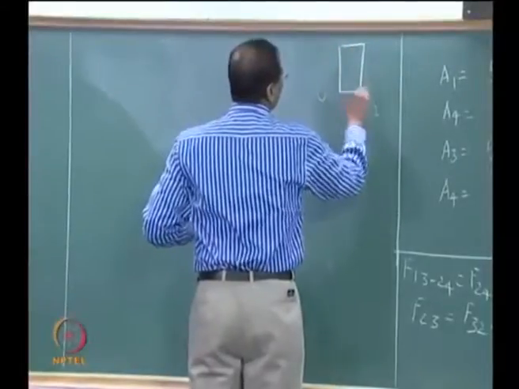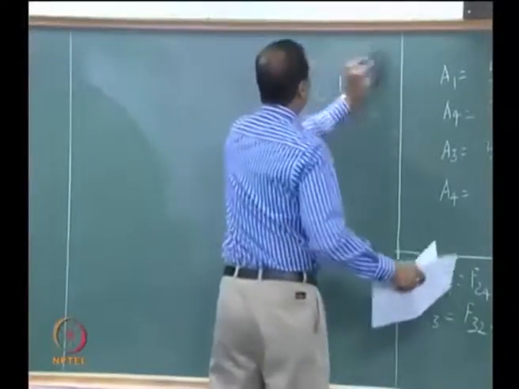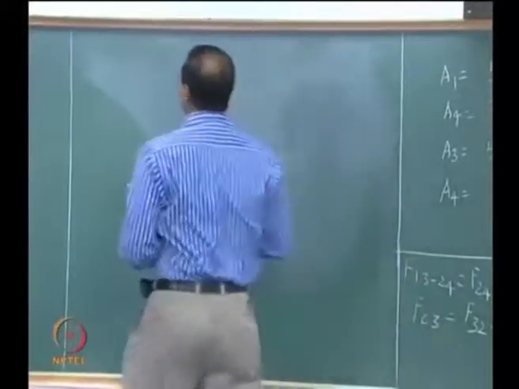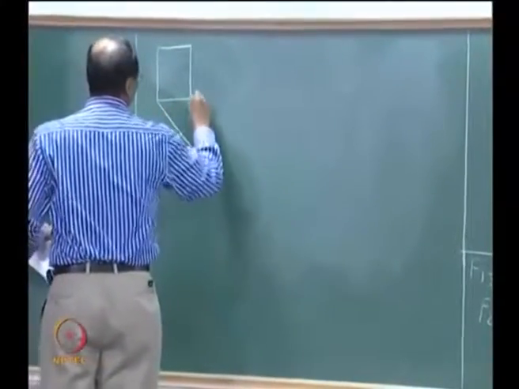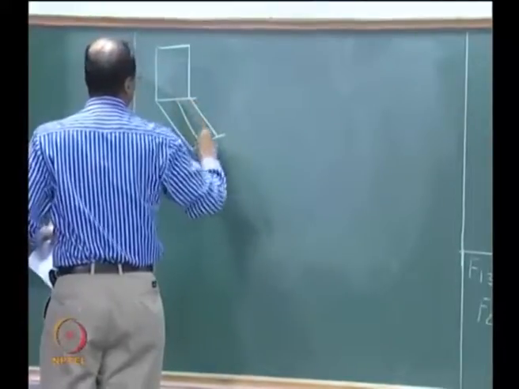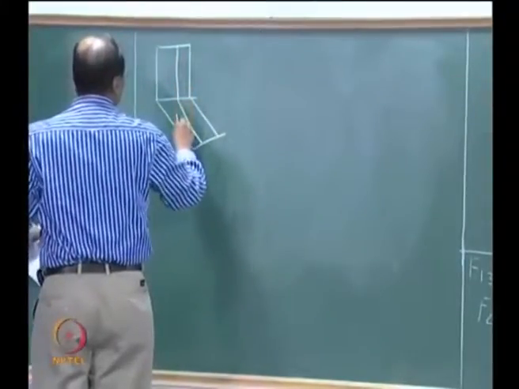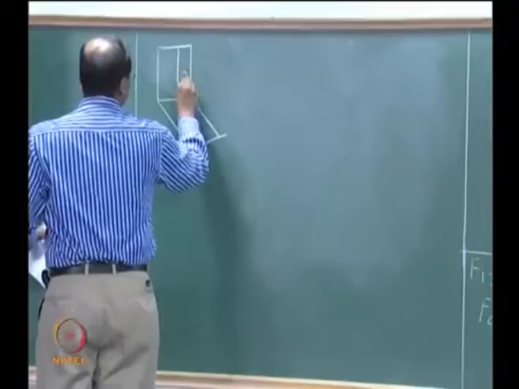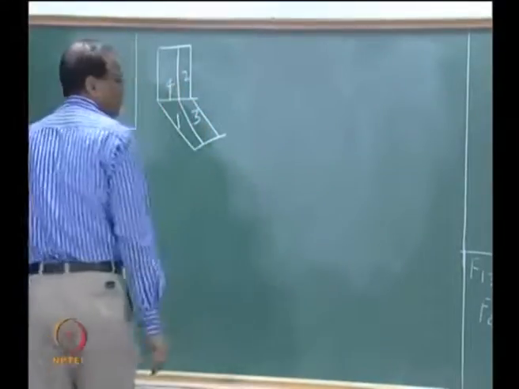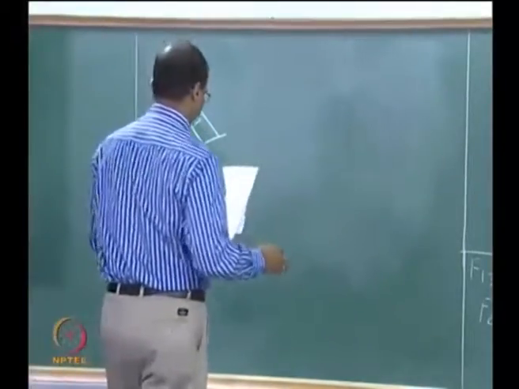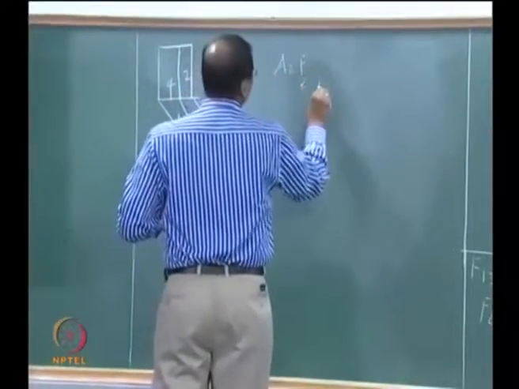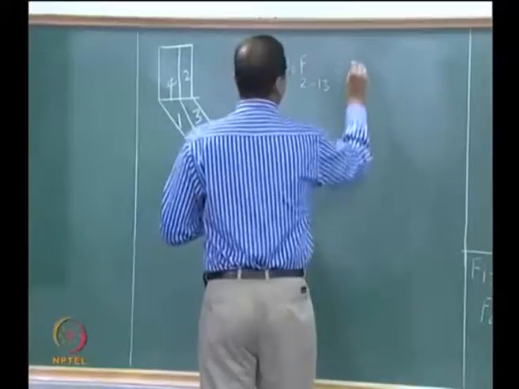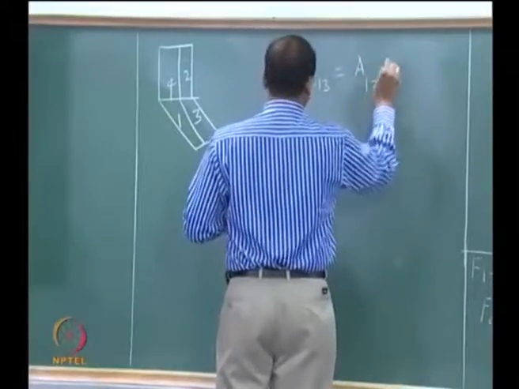Just to avoid being misled, I will just have it, which is 1, 2, 3, this one, 2, okay. Now A2 F13.